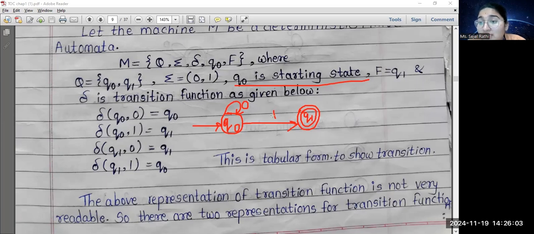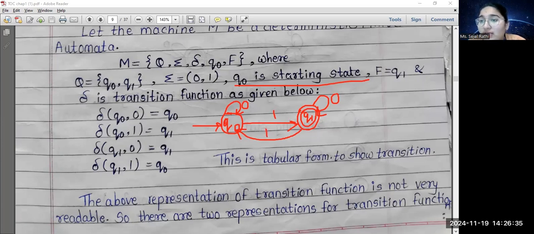With a double circle, correct? Now the next one is Q1 with input 0. What is the next state? Q1 again, so it is a self loop. And again, Q1 with input 1, what is the next state? It is Q0.